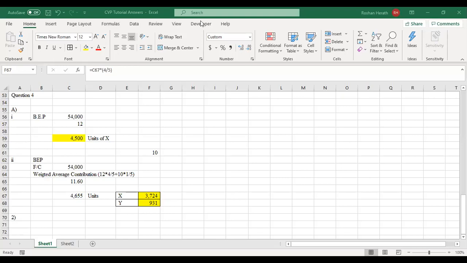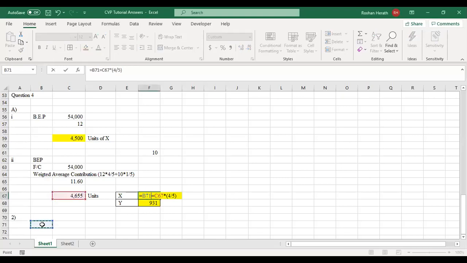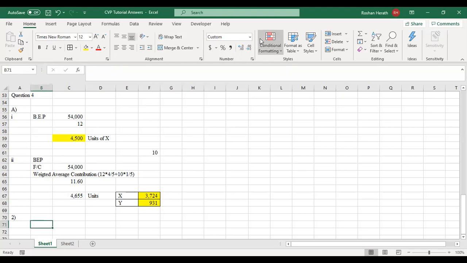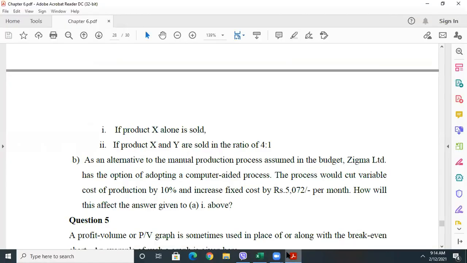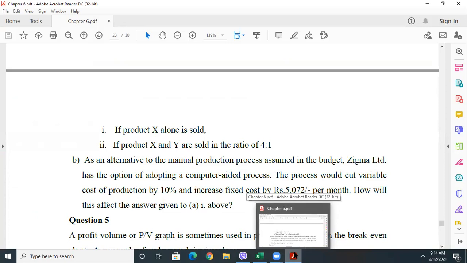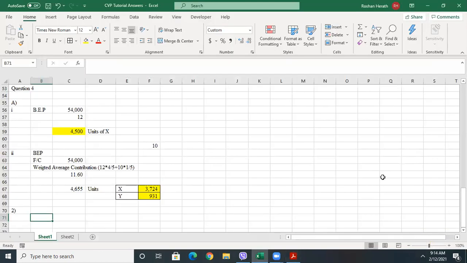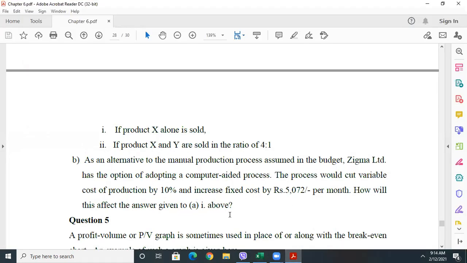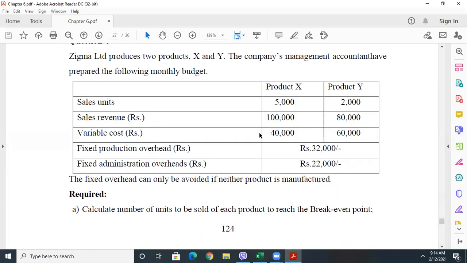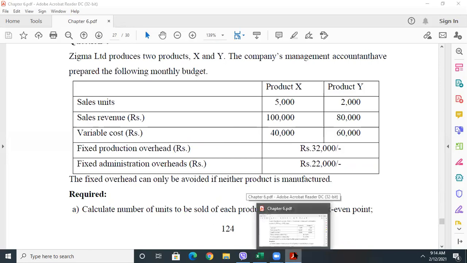Right. So let's look at part B. Now you are switching from a manual system to a computer-aided one, and that will cut your variable cost by 10%. But here the question focuses on the first part, so you need to consider product X. What is the variable cost of product X?